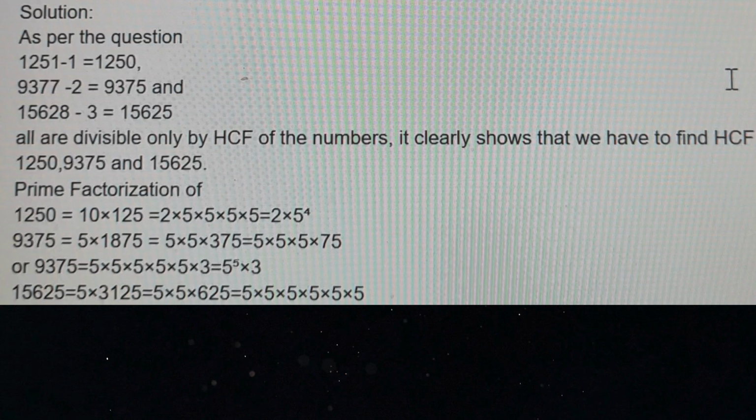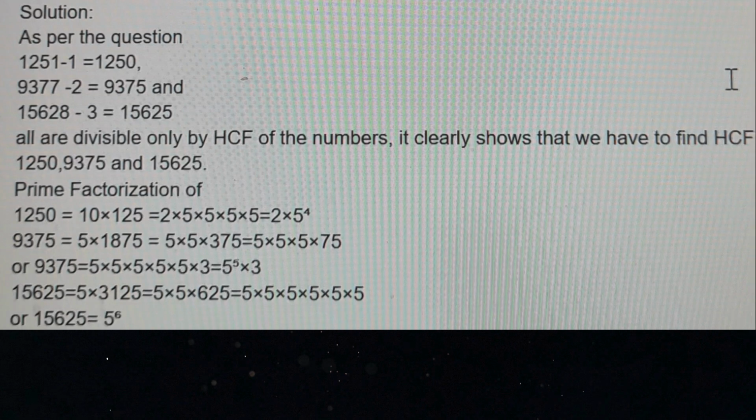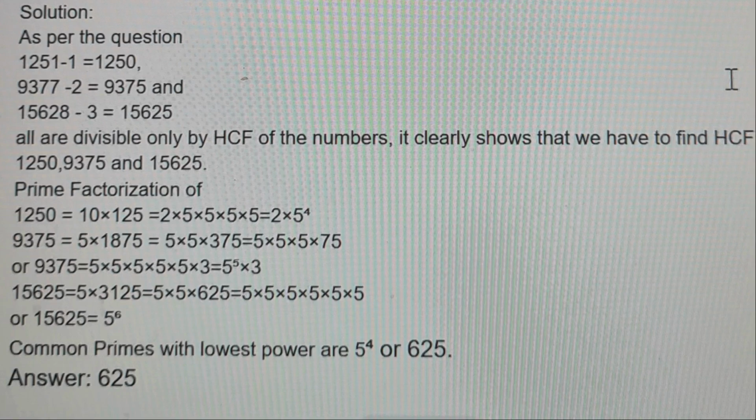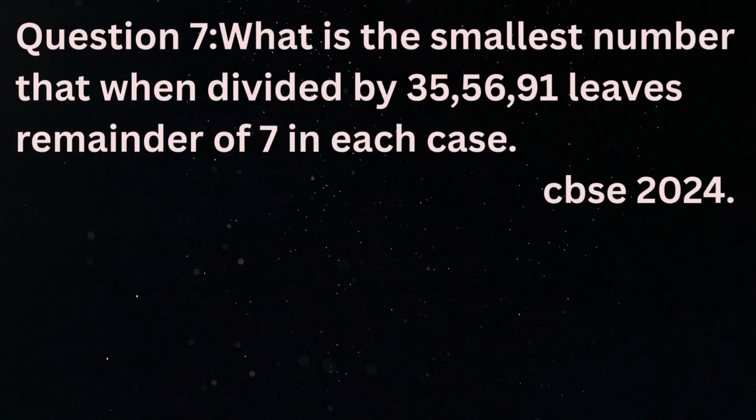Or 15,625 is equal to 5 raised to 6. Common primes with lowest power are 5 raised to 4 or 625. Answer, 625.